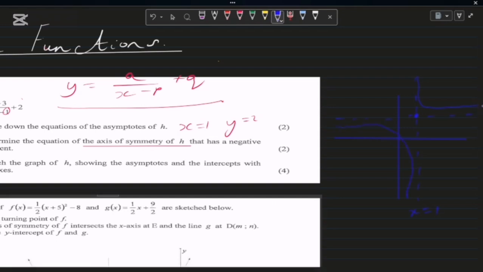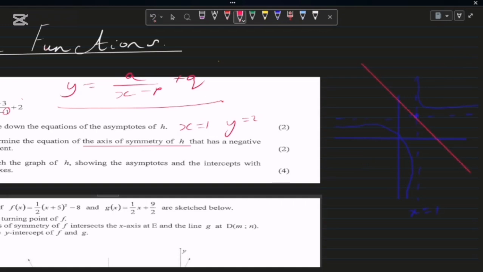Okay, cool. So now what we can see is that there can be two axes of symmetry. We know this already. So one will be the straight line with the positive gradient. And then the one that we are interested in is the one with the negative gradient. So it will pass there.